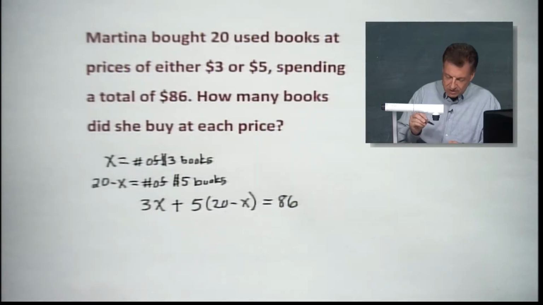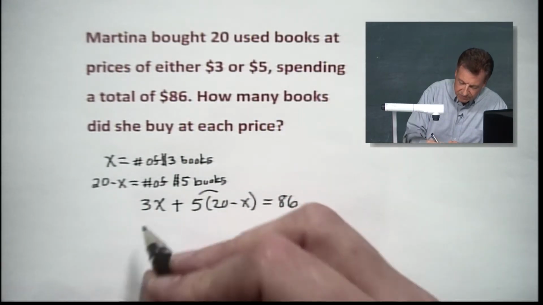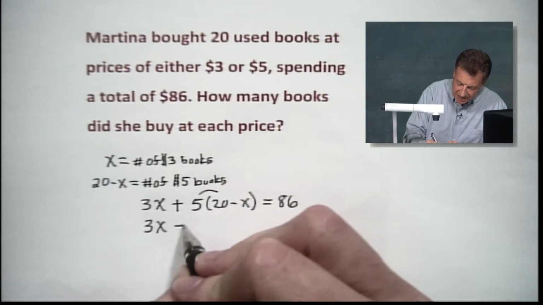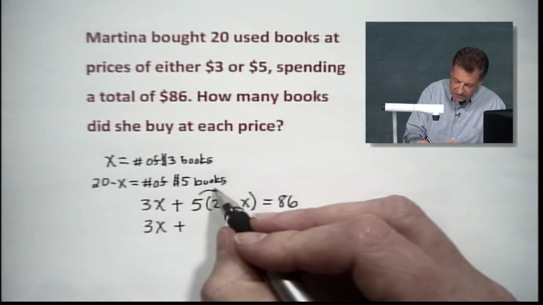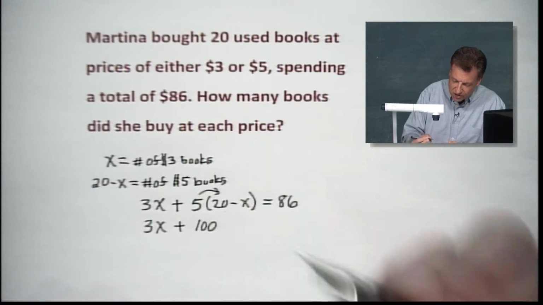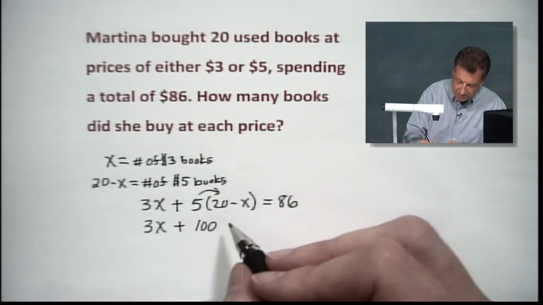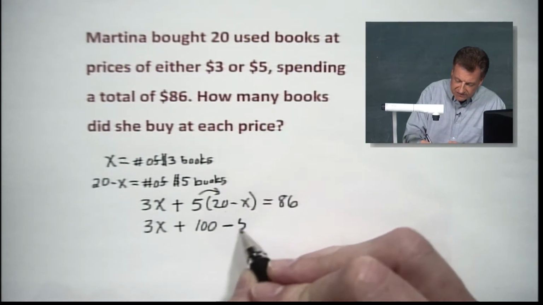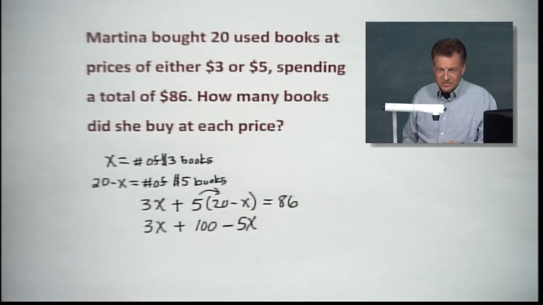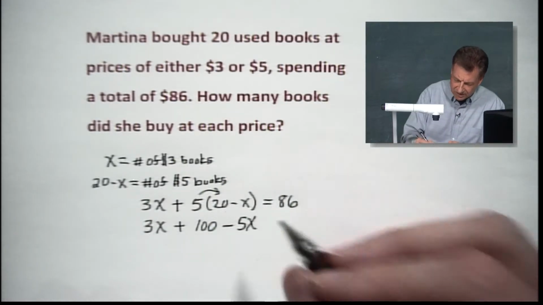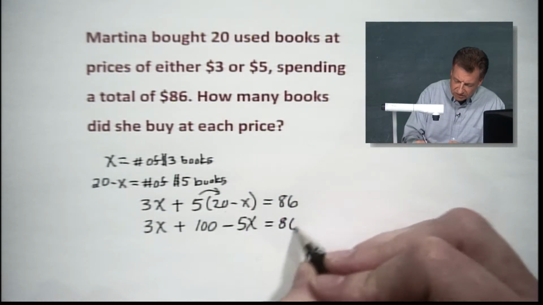Now, let's distribute. We can't do anything with 3x, but we'll bring it down for the ride. 5 times 20, there comes that 100 we mentioned earlier, but we're going to lose some of it. We take off 5 times x, 5x, and now we equal 86.